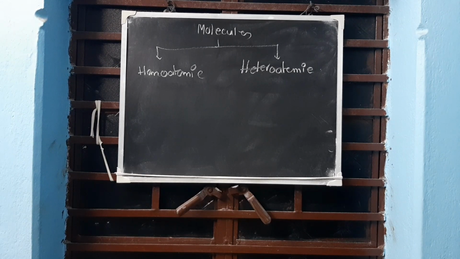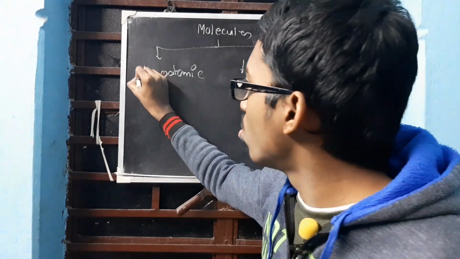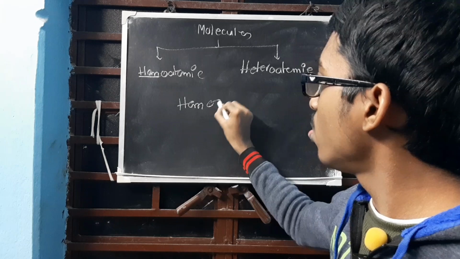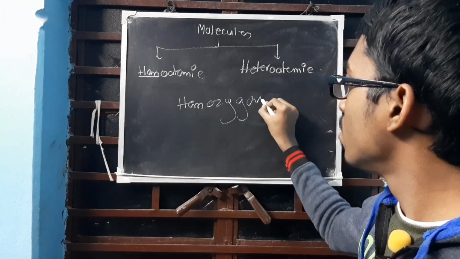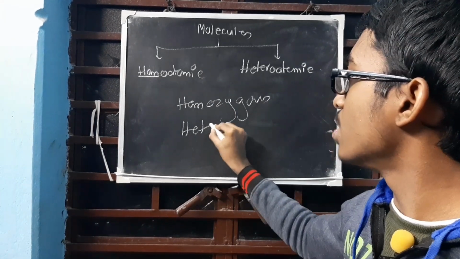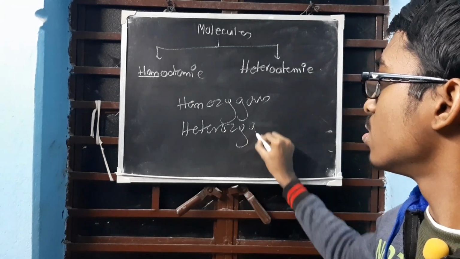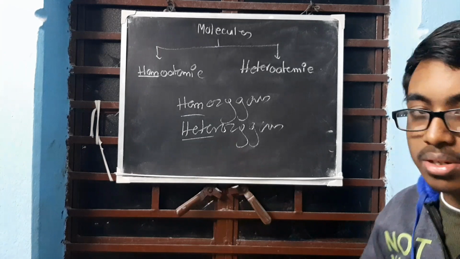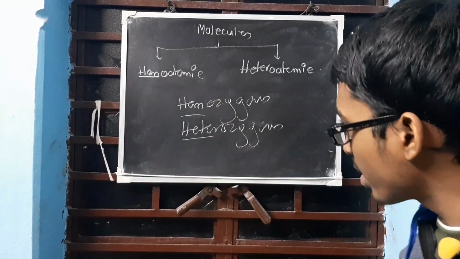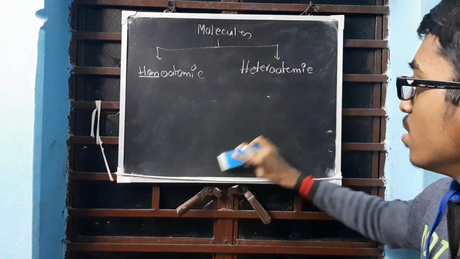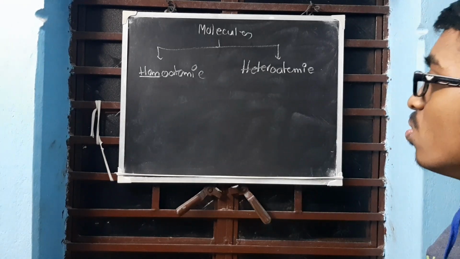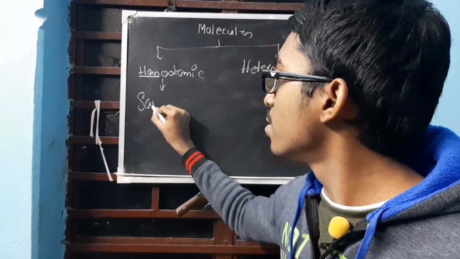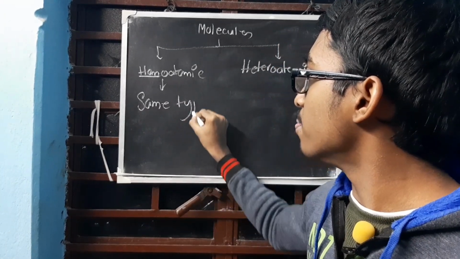Now what exactly is homoatomic? This word homo, you have learnt in biology in the term homozygous, and that was heterozygous. This term means same, this term means different. So the same applies over here. Homoatomic means same type of atom.